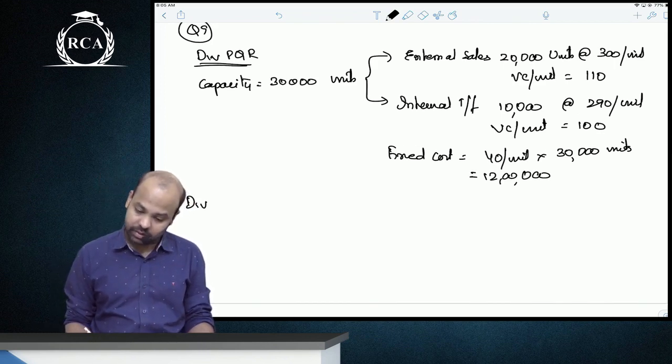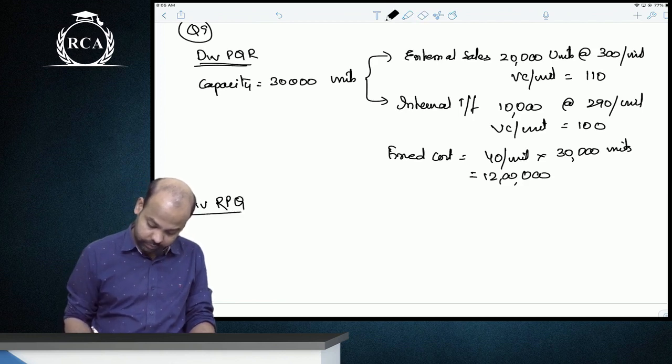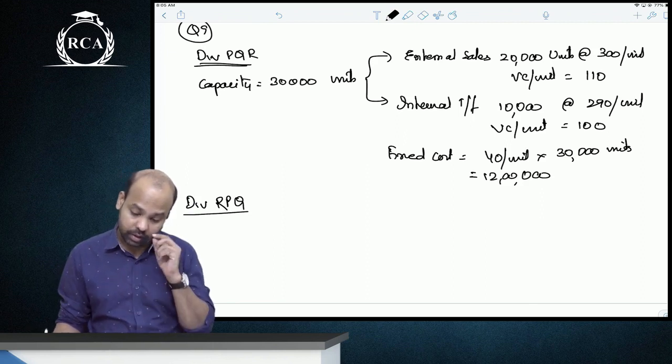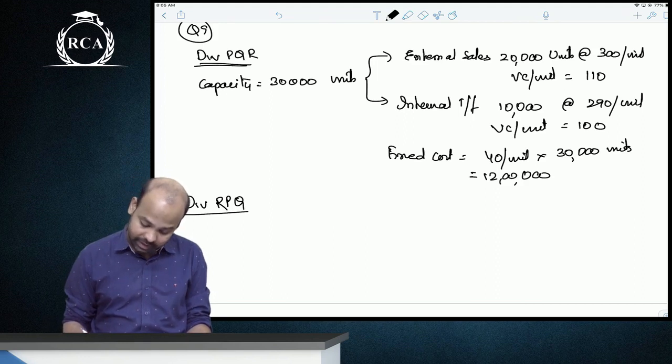And then there is division RPQ. This division RPQ has a capacity of 10,000 units. Sorry, their sales are such, but we do not know their capacity. Sales are 10,000 units.